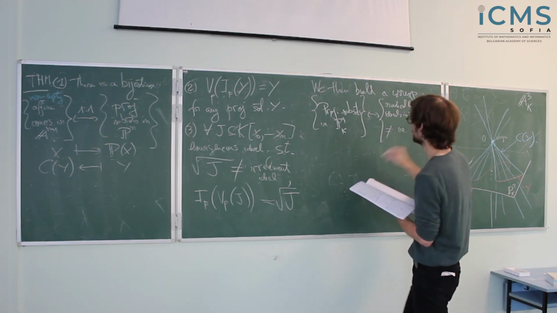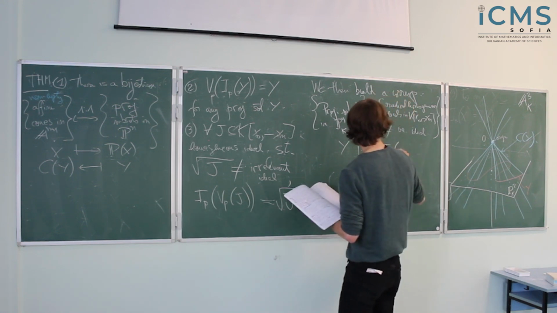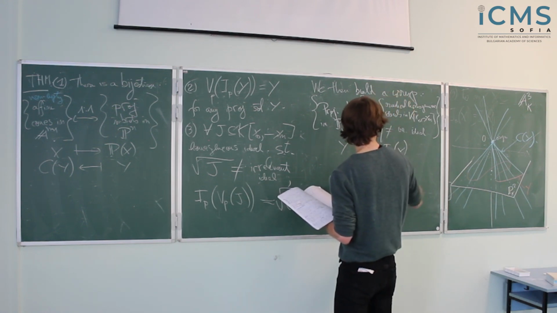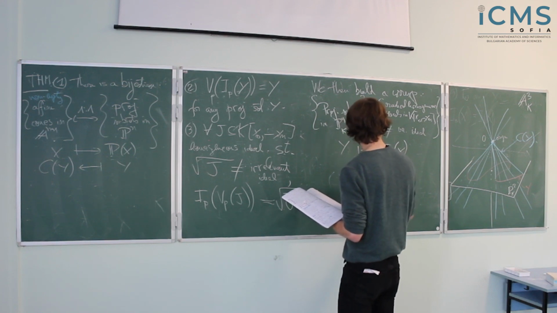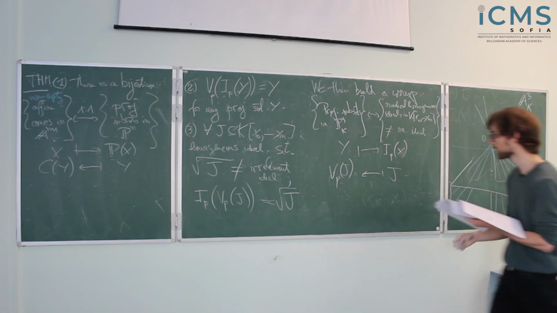Of course, we have I(Y) here, the ideal on one side, and the zero locus on the other.